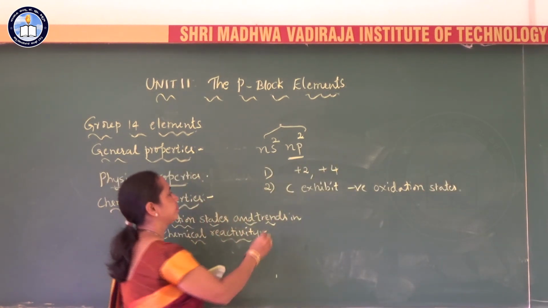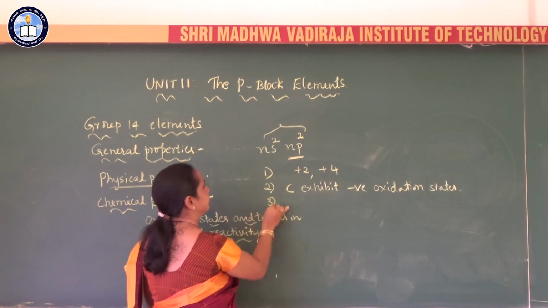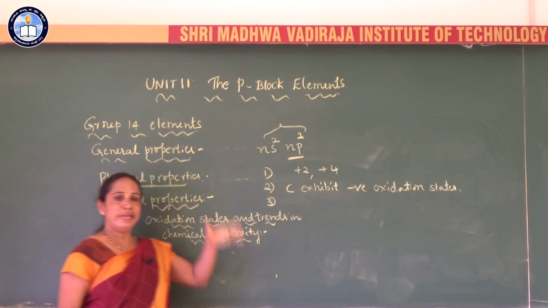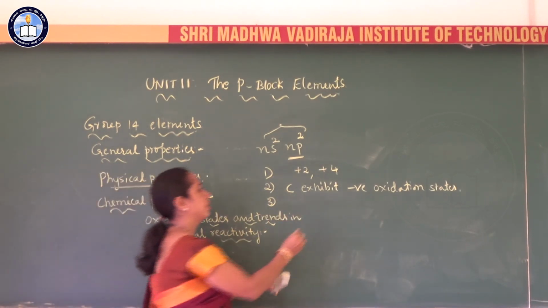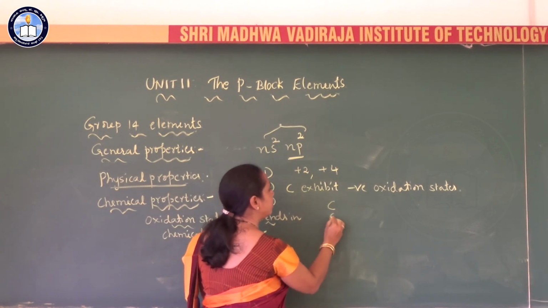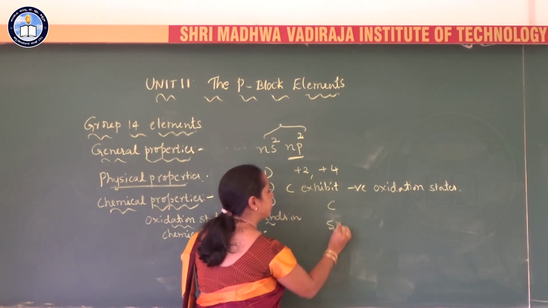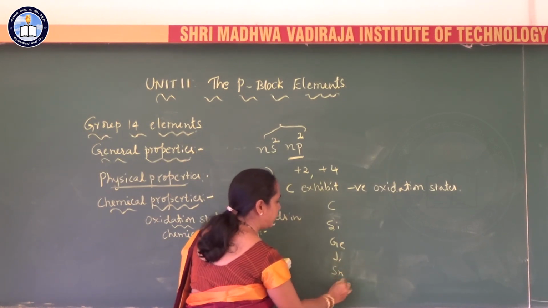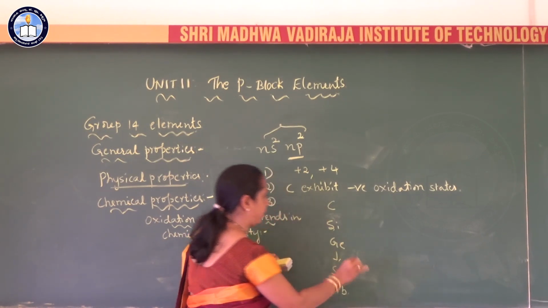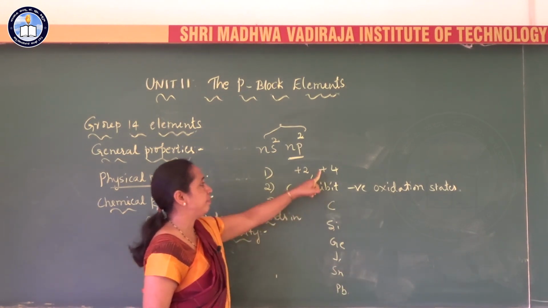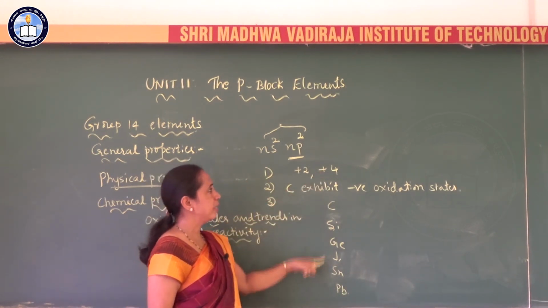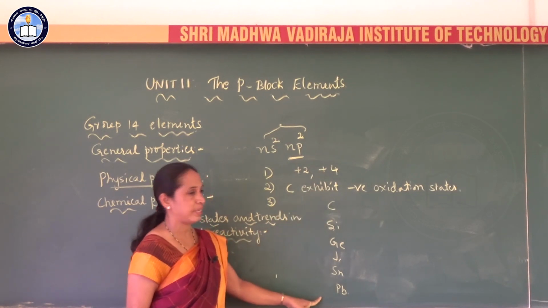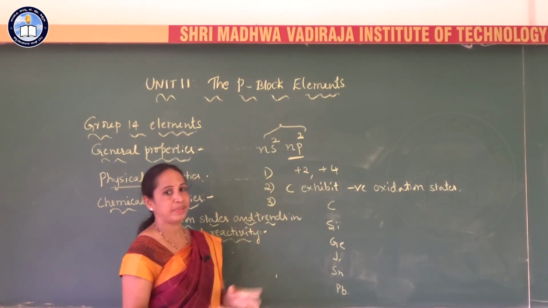And next, as we descend down the group, from carbon to silicon, silicon to germanium, germanium to tin, tin to lead, the tendency to exhibit +4 oxidation state decreases down the group.